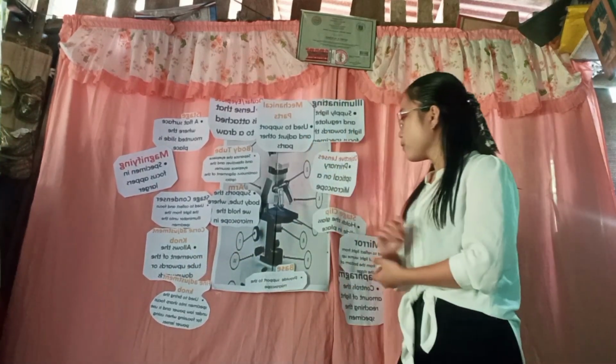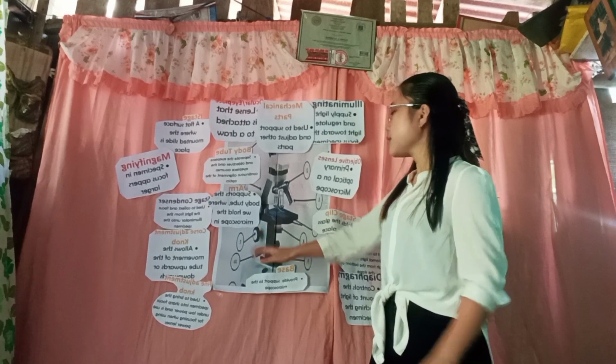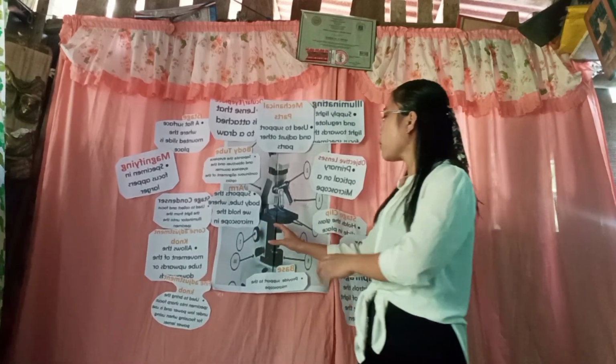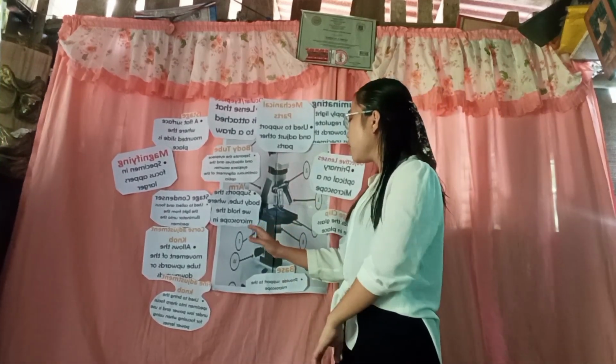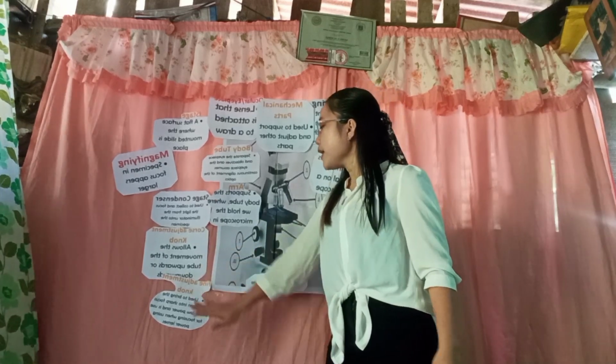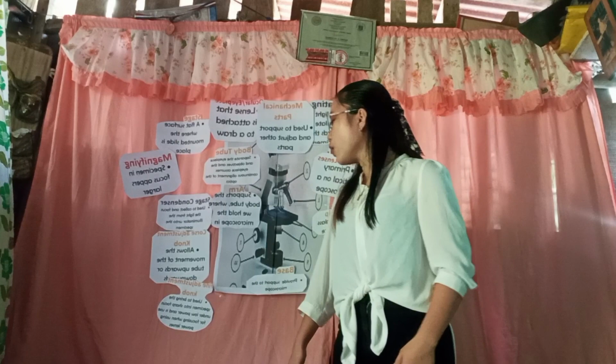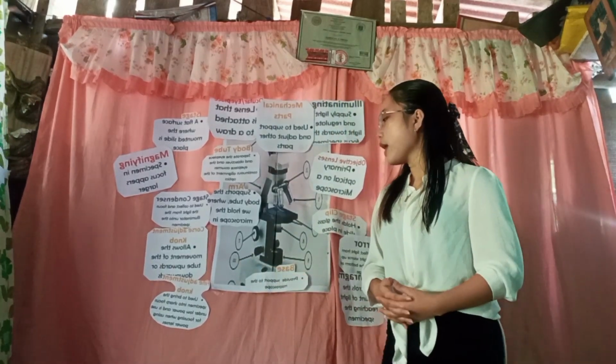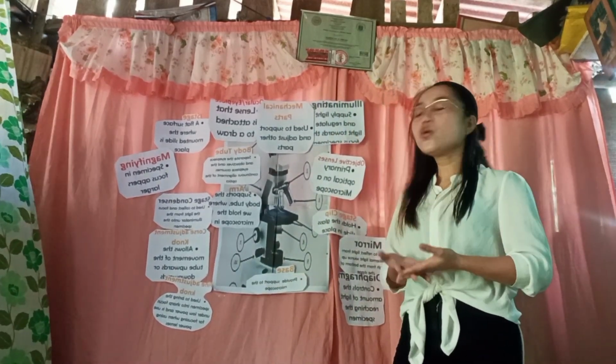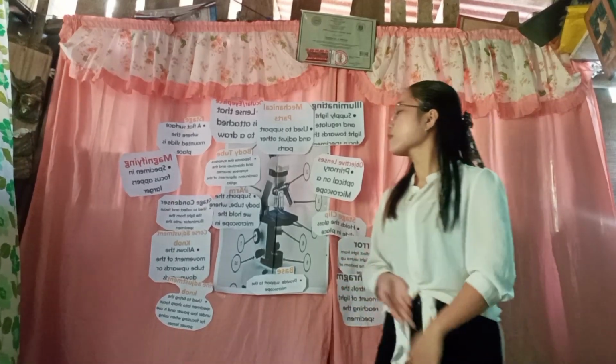We adjust it to move the microscope up or down. Then the fine adjustment knob is used to bring the specimen into sharp focus under low power and is used for focusing when using high power lenses.